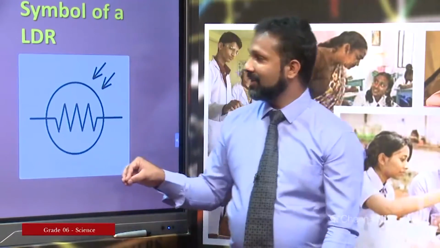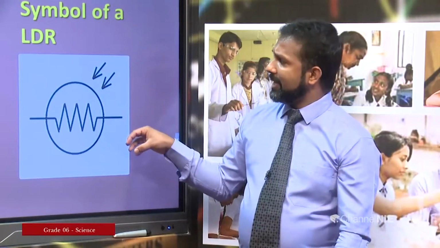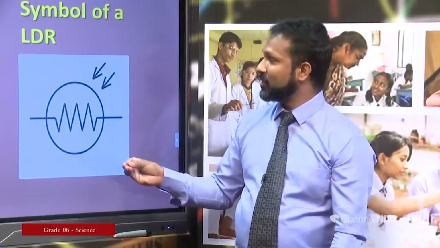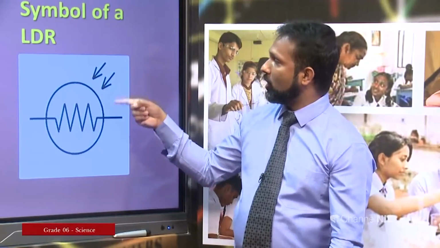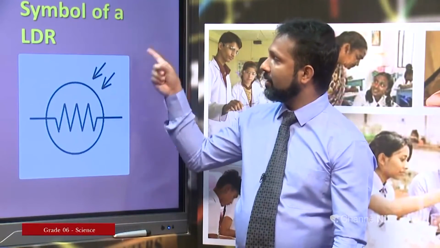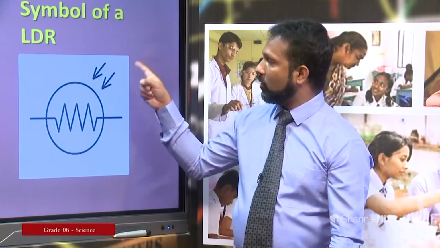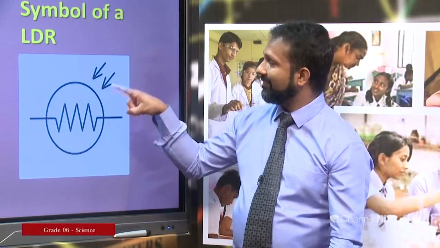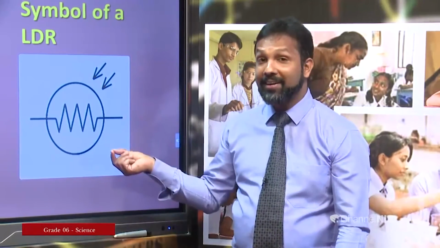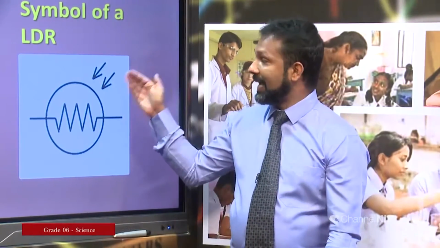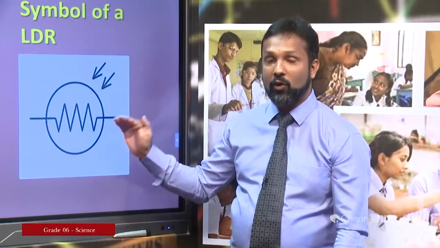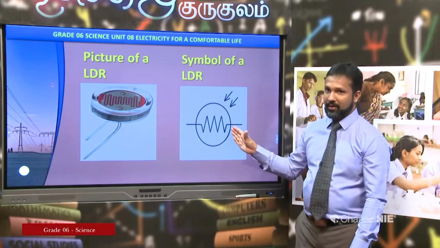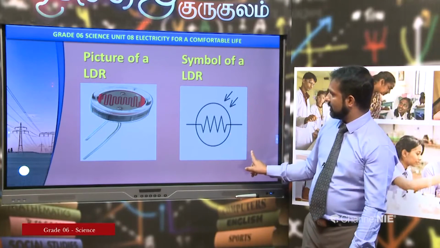But here, LDR means light dependent resistors. That is why we use two arrows to represent the falling of light on the resistor, then its resistance varies or depends according to the light intensity that falls on the resistor. You will never forget the symbol. It's very easy, right?